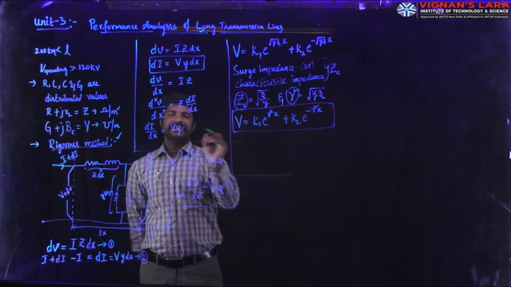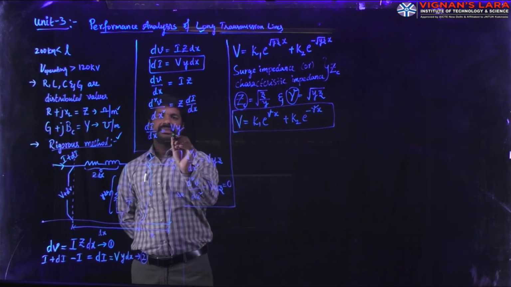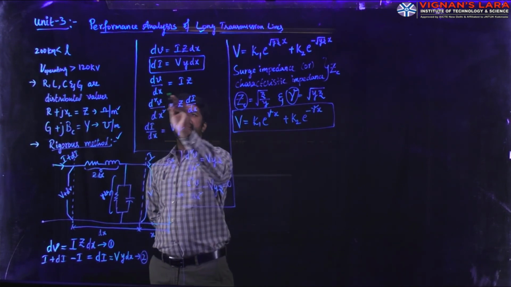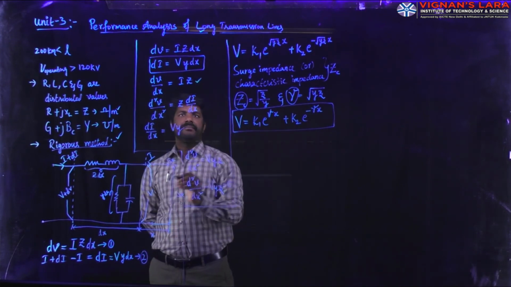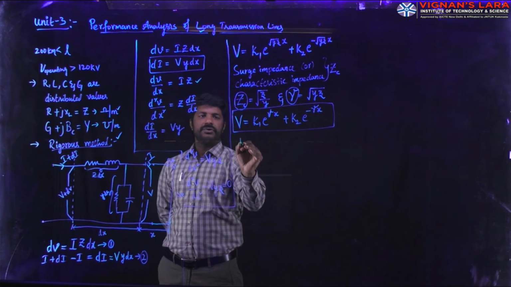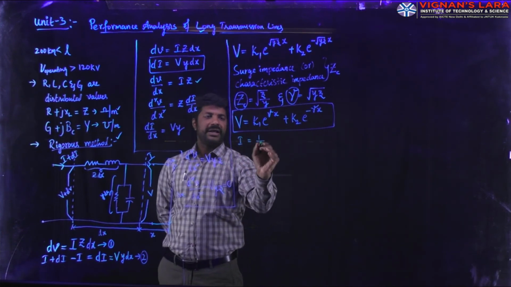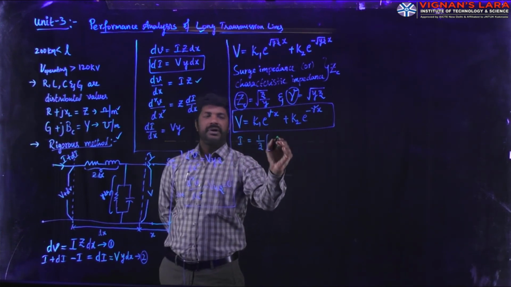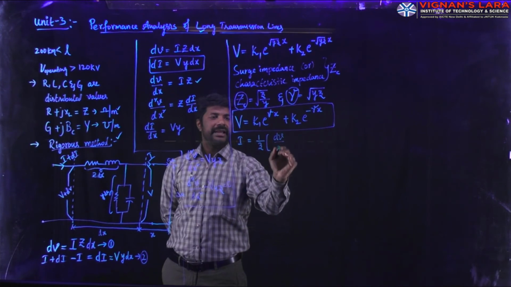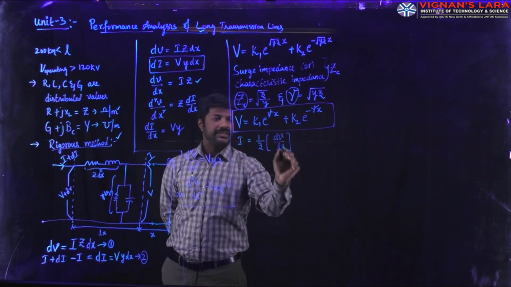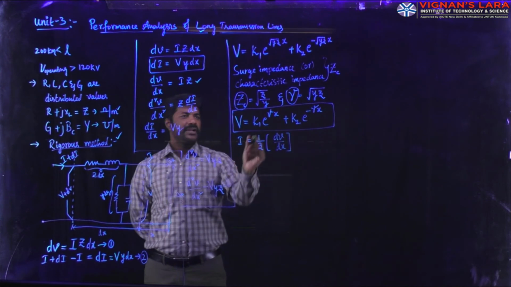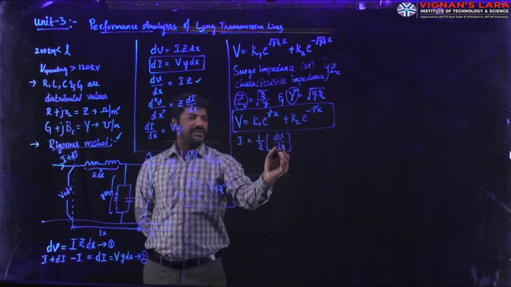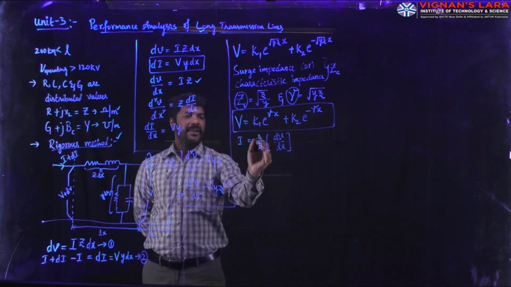The current is written from the equation here: the current I is equal to 1 by z of dV by dx. As we know the voltage equation, differentiate it with respect to x and multiply it with 1 by z.